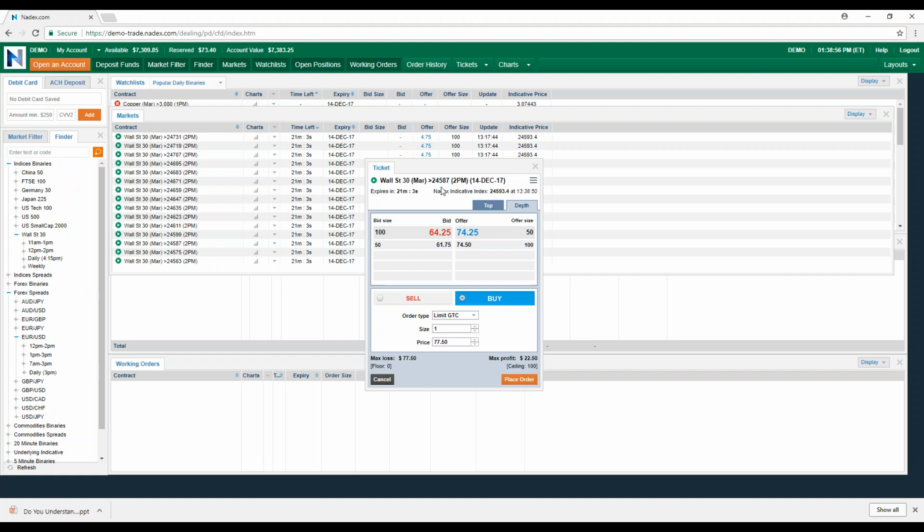So if you're used to binaries, you look at 1 point against you costing you this whole amount, and you see max loss 77.50. Oh man, 1 point will lose that whole thing for me. That's how we think of it as binary traders, because that's the case at expiration.